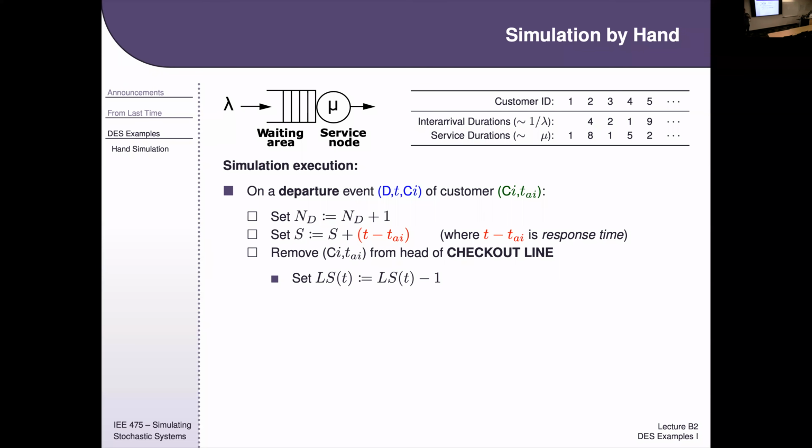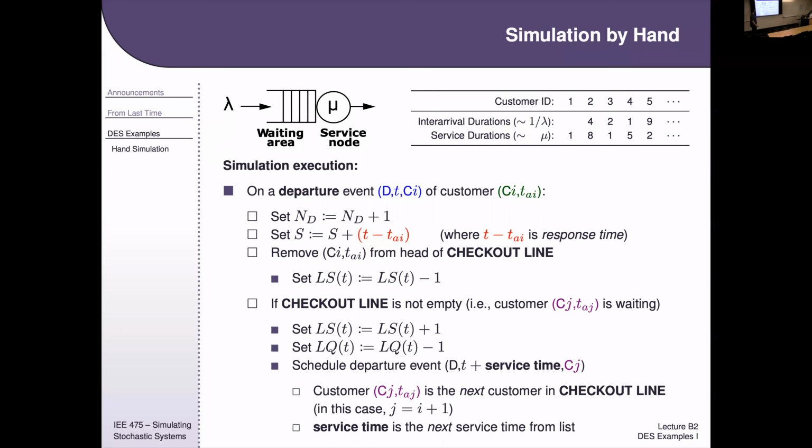Then, because they've left, we take them out of the checkout line. So we remove them from the checkout line, and that means we can decrease the number of individuals currently being serviced. Now, if the checkout line still has others left over after we've done that, then we have to schedule the service for the one who's been sitting there waiting, who now can enter the service.